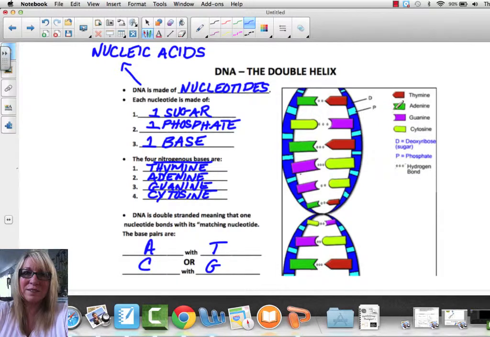So if we look at our color coding over here, this is an adenine, this is a thymine, this is a cytosine, this is a guanine. We're back to A, T, and then we have G on this side, C here, G here, C here, so on and so forth.